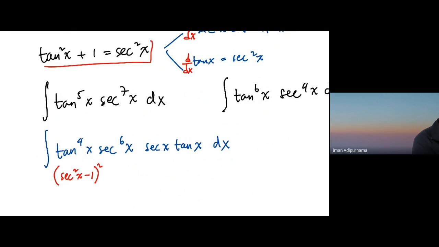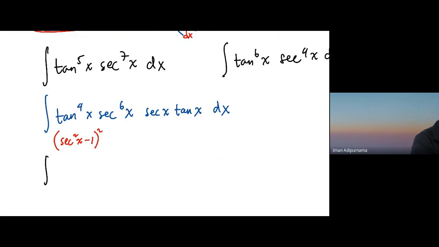If you look at this, the trigonometric identity, we can write this as secant squared x minus 1, squared, and then secant with power of 6x, and then secant x tangent x.